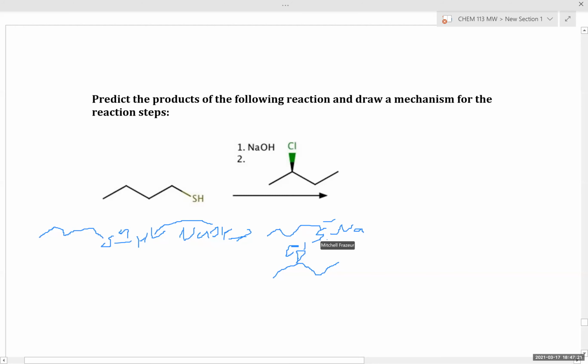From there, our nucleophile will react with our electrophilic alkyl chloride via an SN2 reaction. And the SN2 reaction, as its name implies, is an inversion. So we see inversion at our carbon stereocenter as we generate our resulting sulfide.